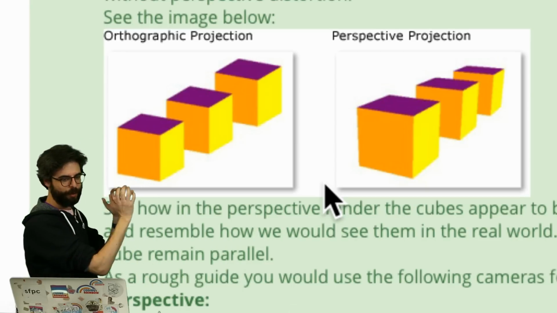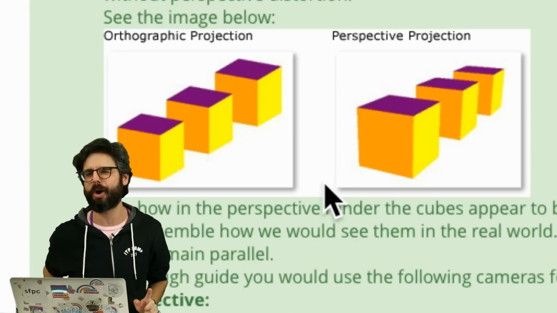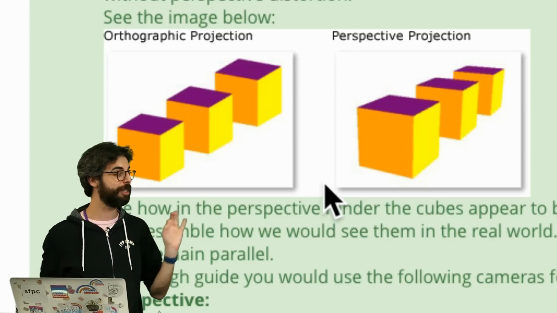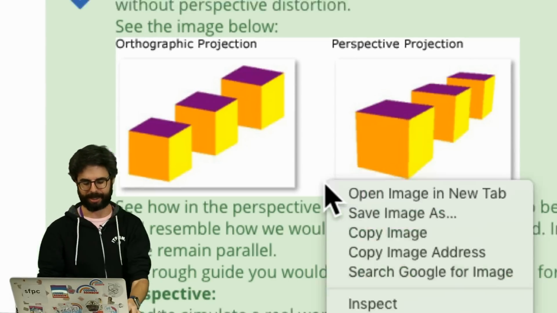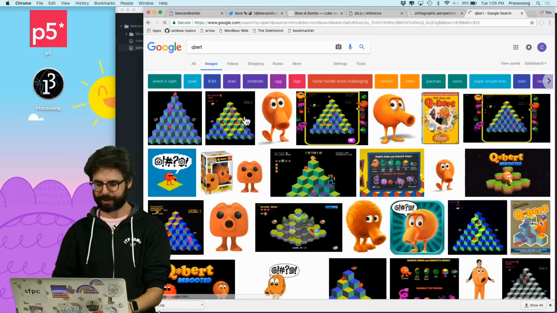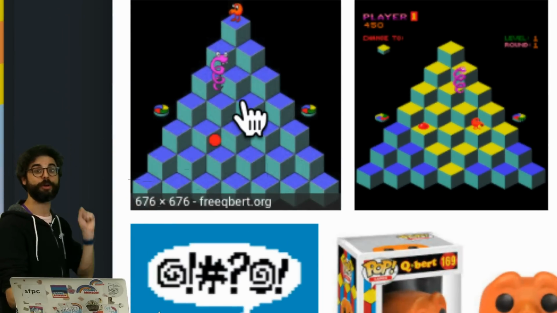Whereas orthographic projection, so perspective is the wrong word, I'm saying orthographic perspective, that's not right. The idea here is the projection creates this highly uniform look. And the video game Q*bert is probably the most famous example of this kind of orthographic projection.